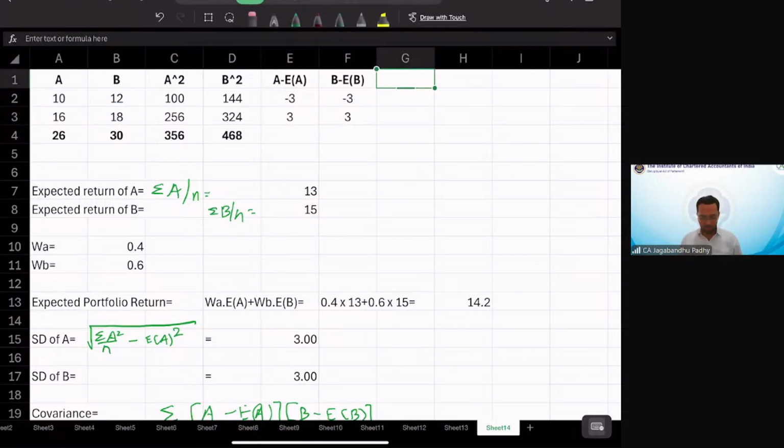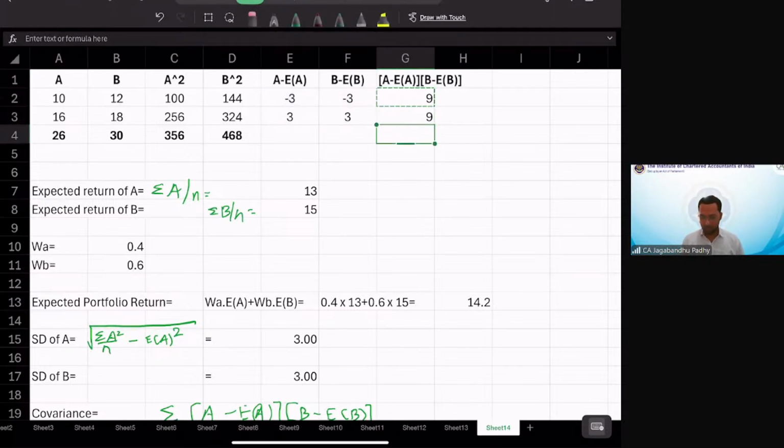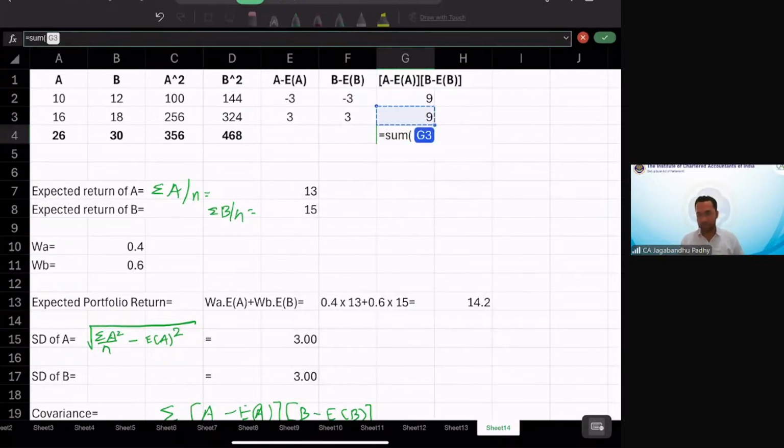And then we multiply both parts, A minus expected value of A multiplied by B minus expected value of B. So we take a multiplication of both the things, then we take a sum of it.